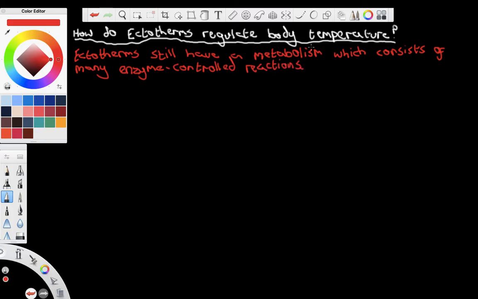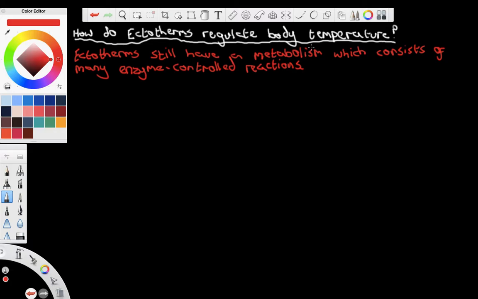So for this reason, an ectotherm can't let itself freeze. You won't find an organism that freezes in a block of ice and then when the ice melts, it's fine, it just comes back to life and does whatever it does. If an organism was to do that, its enzymes would lose so much kinetic energy that the reactions that they control would stop, and therefore the organism would die.